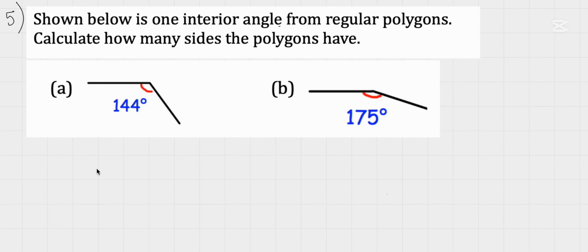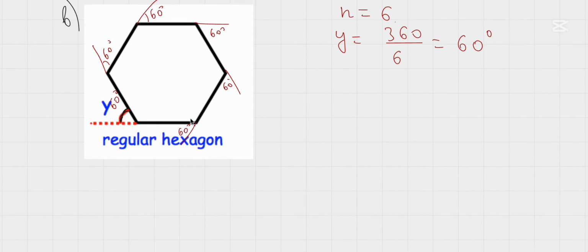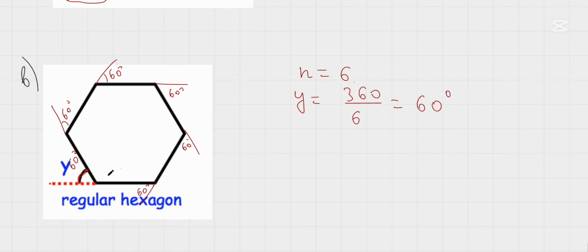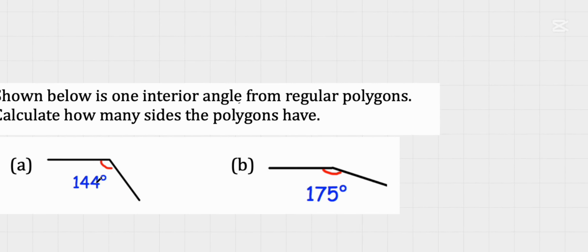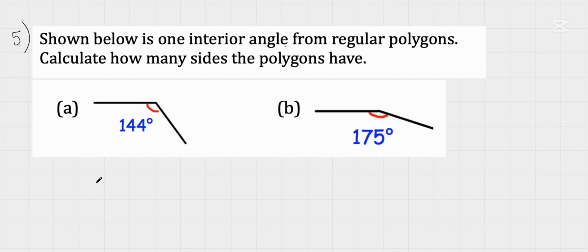It says that shown below is one interior angle from regular polygons. Calculate how many sides the polygons have. Okay, here we had, for example, a hexagon with the number of sides given and exterior angle asked, but here the interior angle is given and it asks for the number of sides. It is very difficult to use the formula, interior angle sum divided by n, to find n.